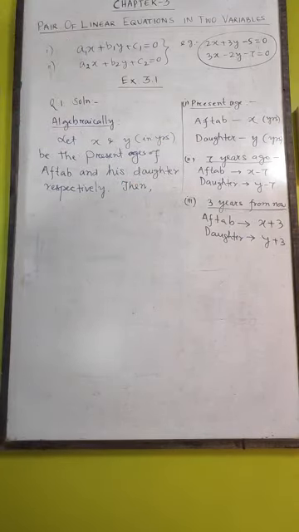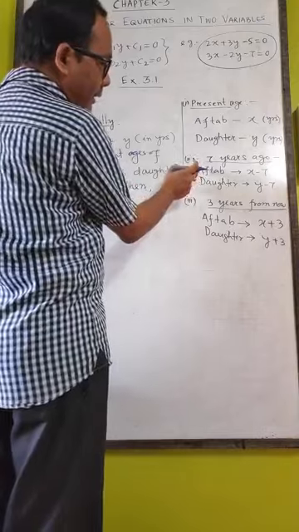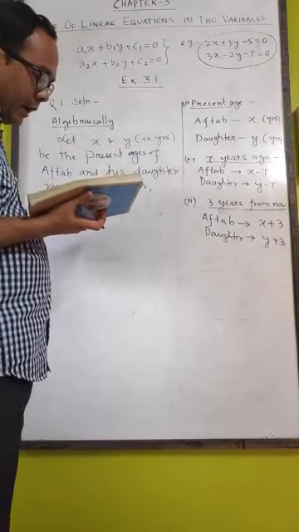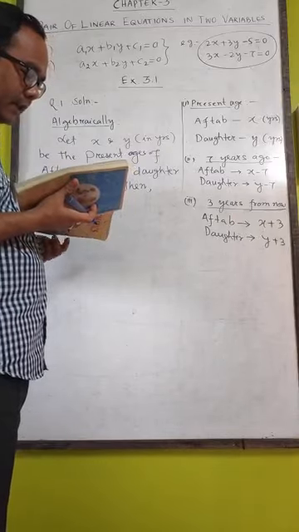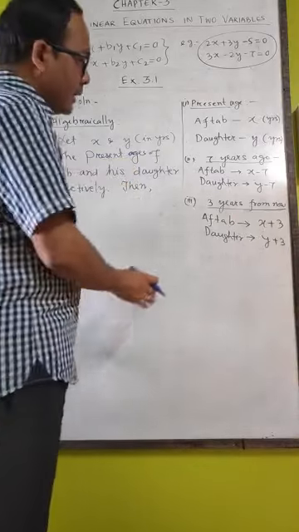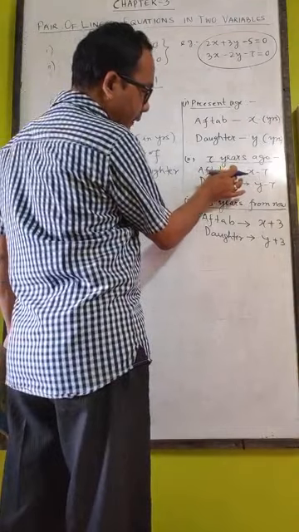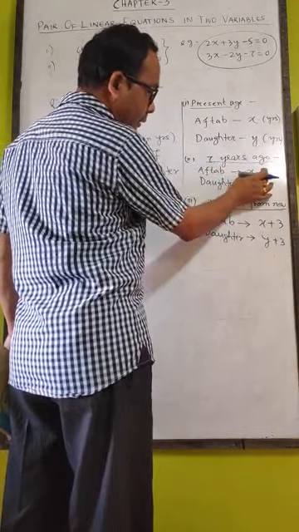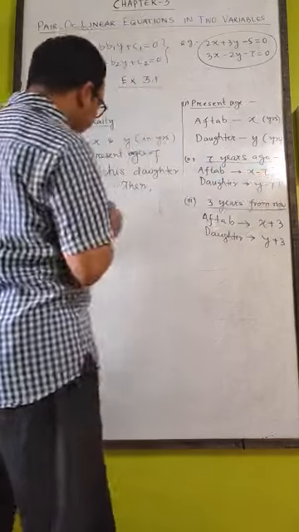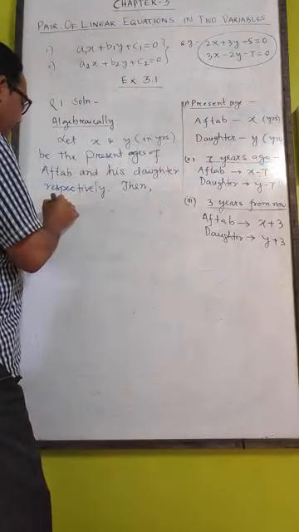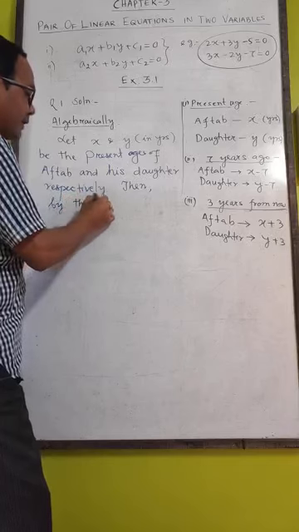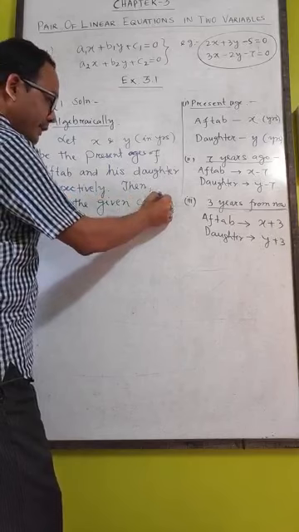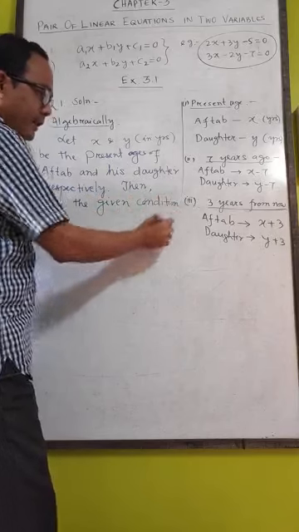We have already written here that 7 years ago there is a relation between the two: 7 years ago, I was 7 times as old as you were then. It means that 7 years ago the age of Aftaf is 7 times that of his daughter. So by the given condition, tell me what can you write?